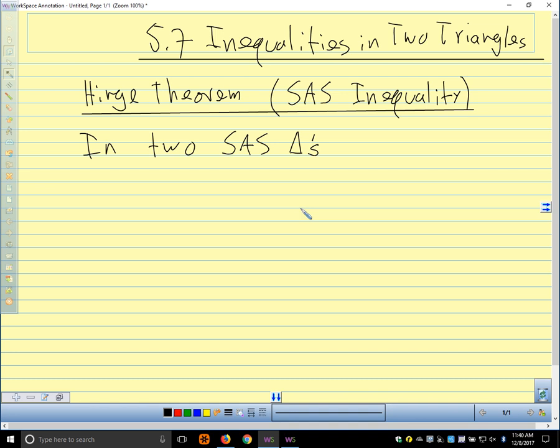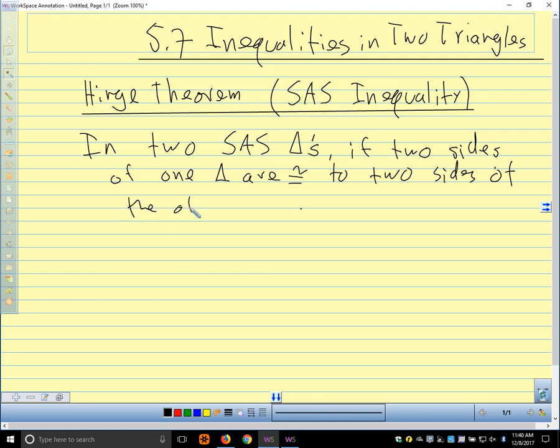In two SAS triangles, if two sides of one triangle are congruent to two sides of the other, but the angles are not congruent, the larger side is across from the bigger angle.